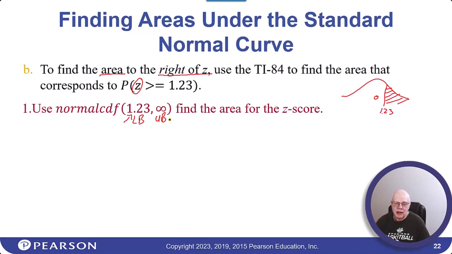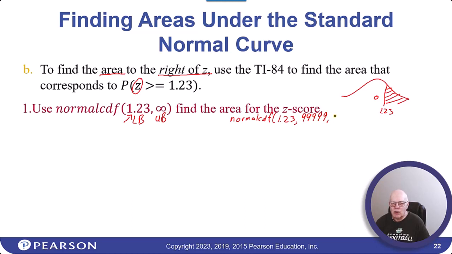And I've got a trick there for you too. The way I put it in, because it works, when I get the normal CDF, I'll put in the 1.23 because that's the lower bound. And because I like to make the typing easier, I'll just put a bunch of 9s there.